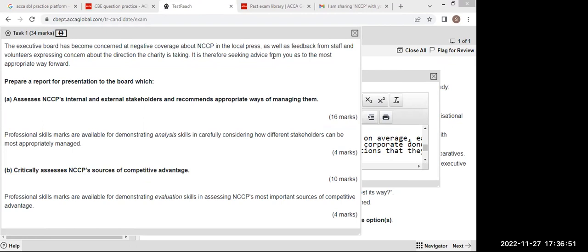I'm reading this question once again. Critically assess the NCCP sources of competitive advantage. Competitive advantage means advantage. You're not going to write cons. Sources of competitive advantage means that you're going to write the advantages only.